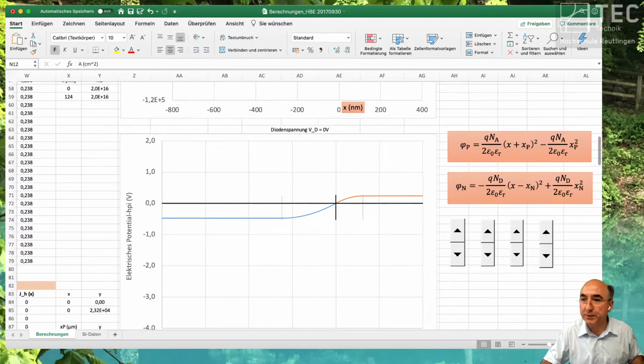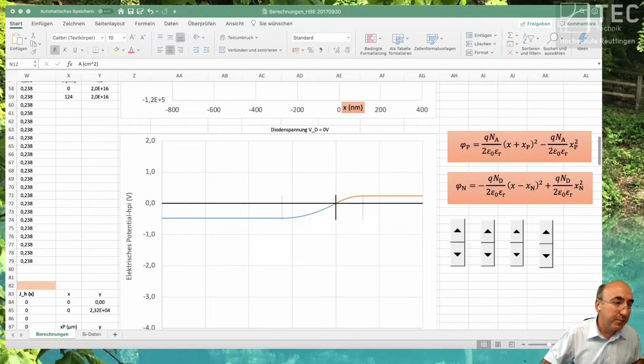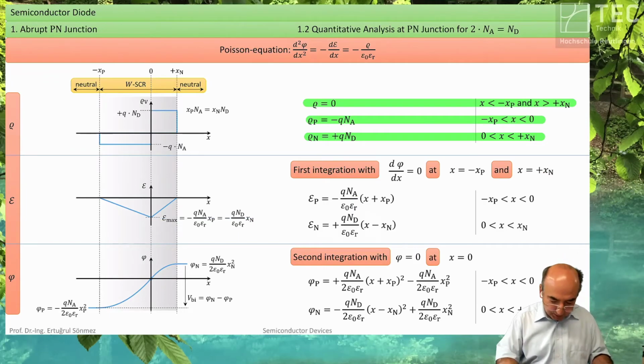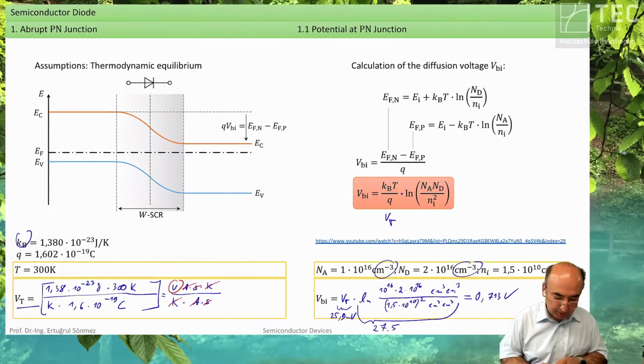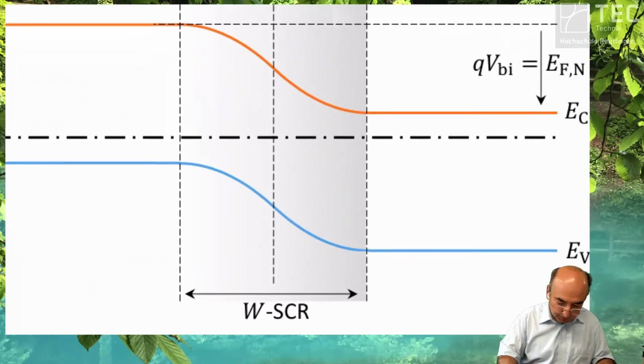We set the center to zero, and we have then this bending. If you have taken a closer look at the potentials and the band bending, you see something which is similar. It is this one.